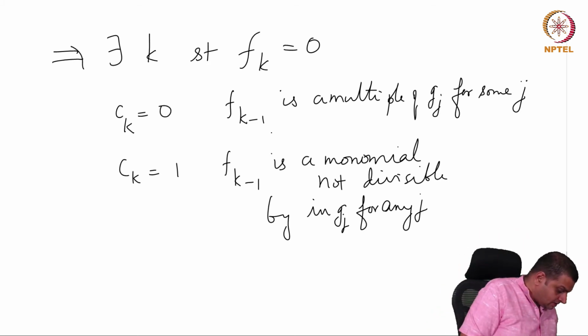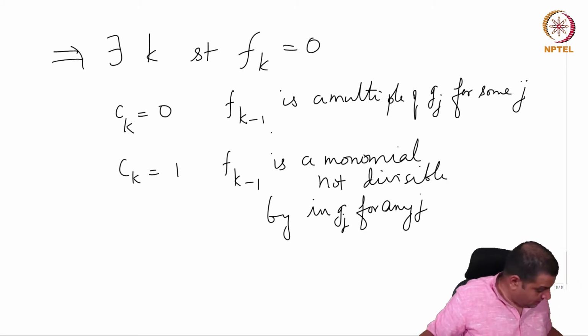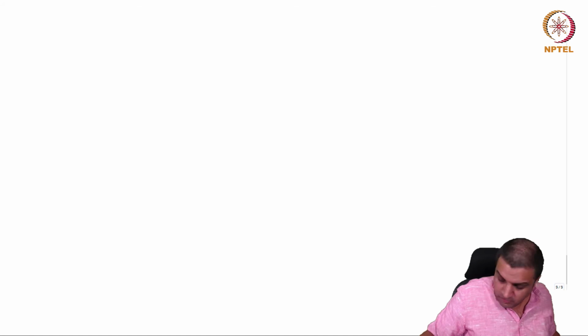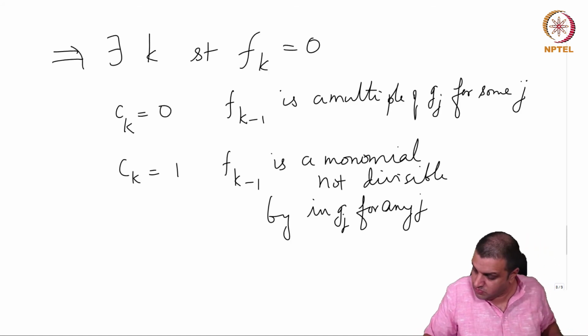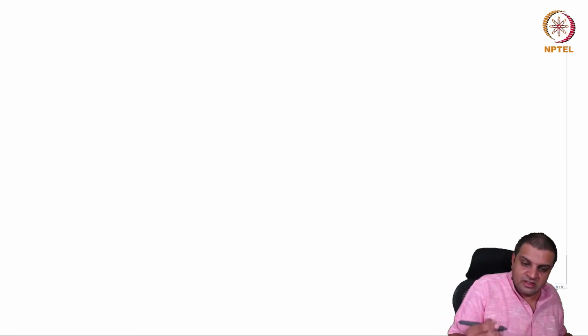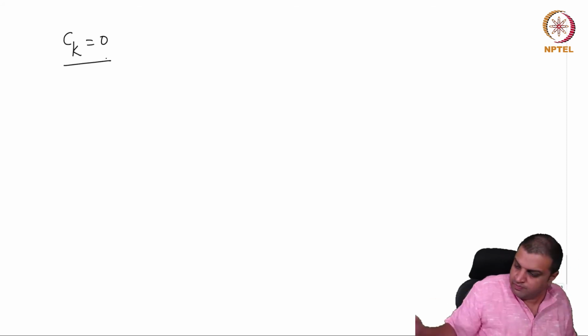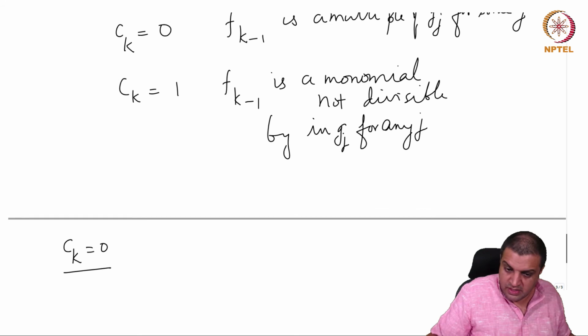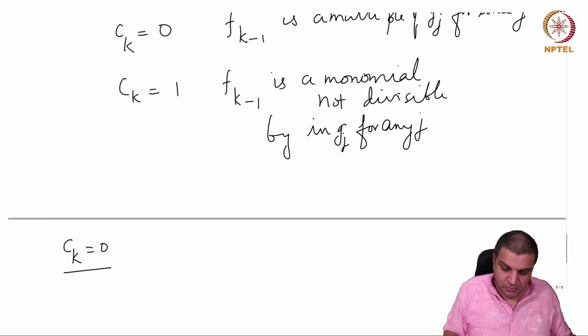So now let's write this properly. How do we write? This is just description. In the language of the theorem, if ck is 0, notice ck is 0 means this is a multiple of that.